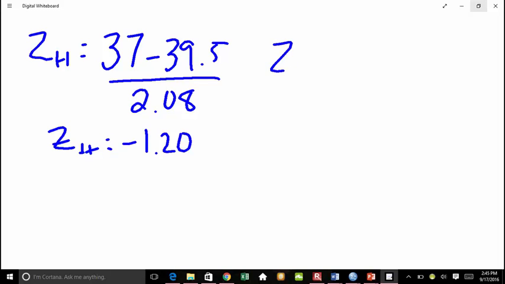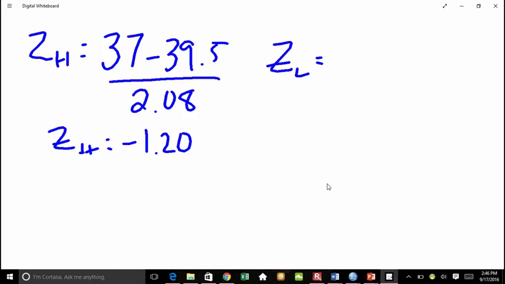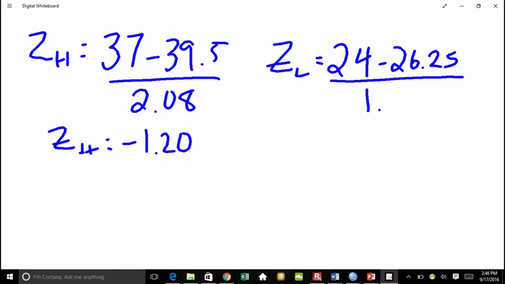And now we need a z-score for Lori. She got 24 seconds, the mean is 26.25, and the standard deviation is 1.71. So let's look at that. She's got her score of 24 minus the mean of 26.25 over a standard deviation of 1.71.